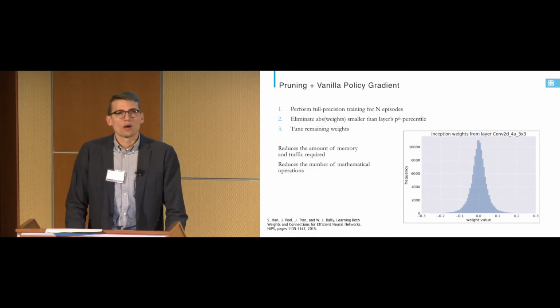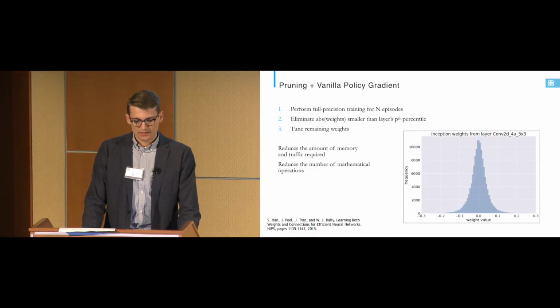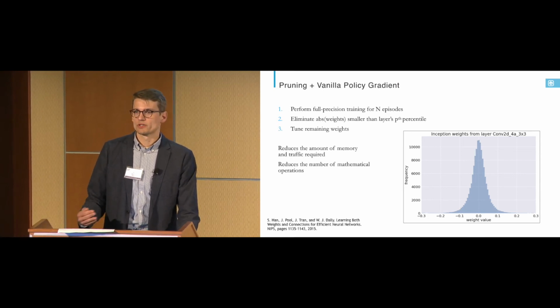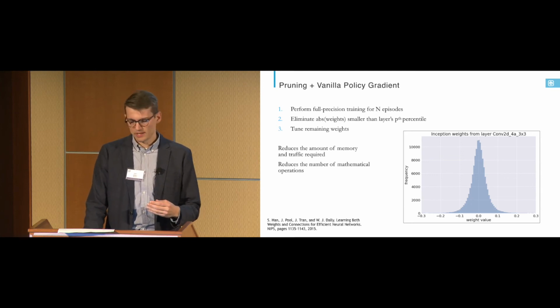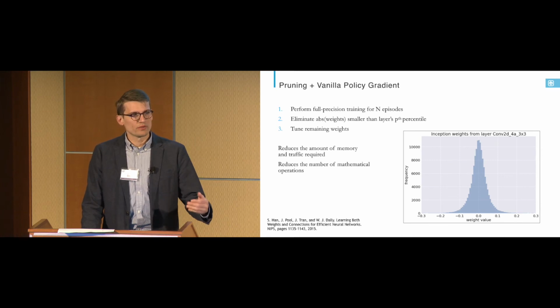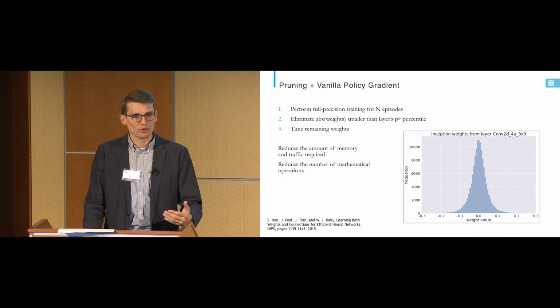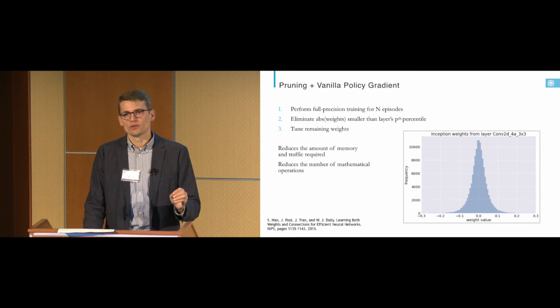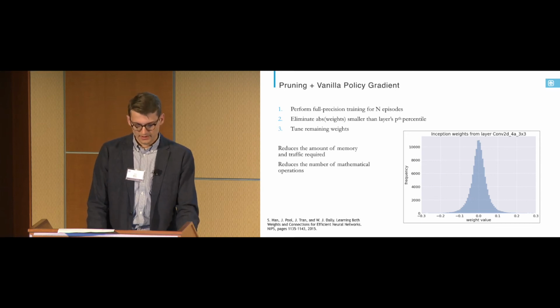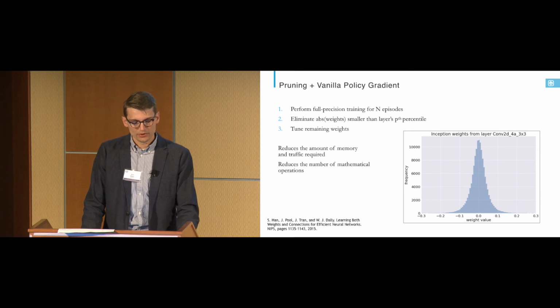The second optimization method we looked at is pruning. With pruning, what we do is we perform full precision training for n episodes. So basically, we use full precision training until we achieve the performance that we need. And then we eliminate the smallest weights in the network. We just set them to 0. And from there on, we fine-tune the remaining weights. The benefit of pruning is it reduces the amount of memory and traffic required.